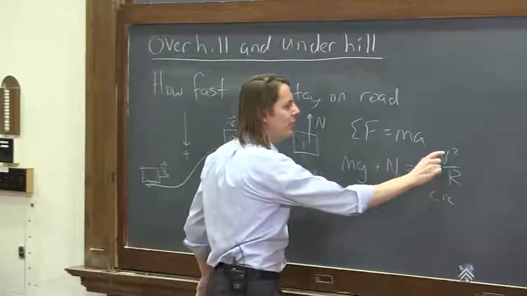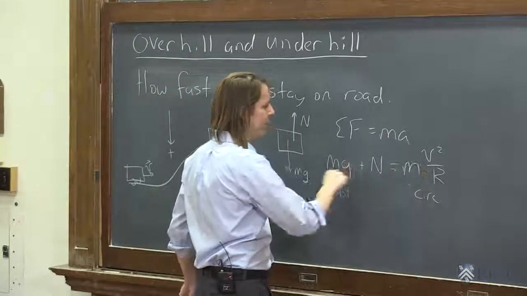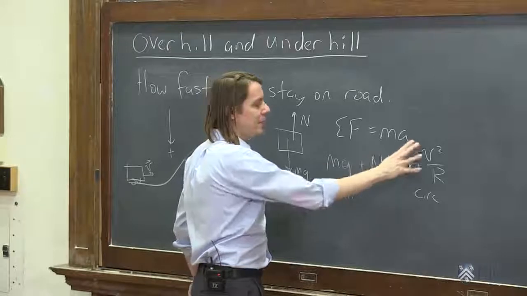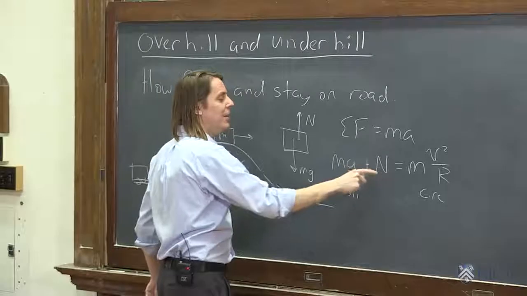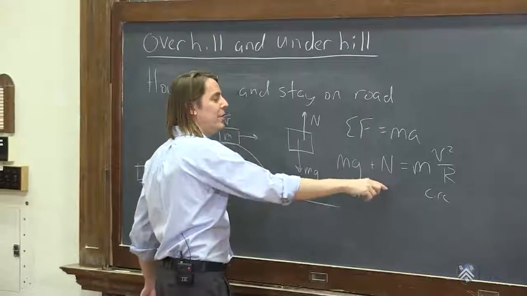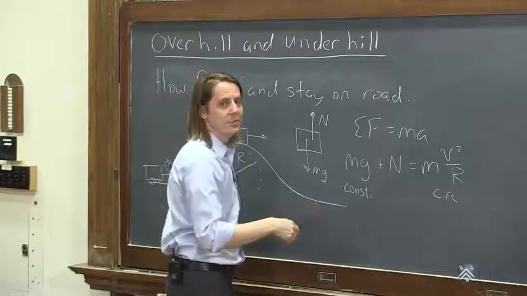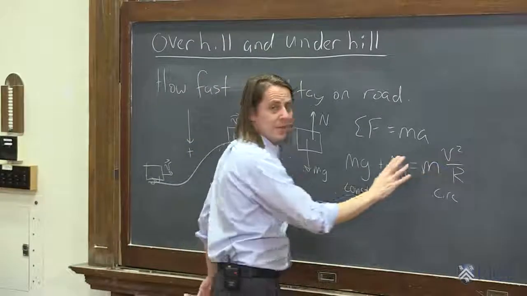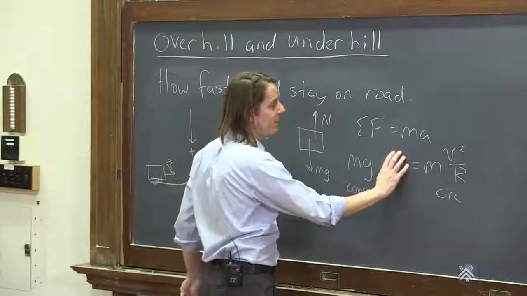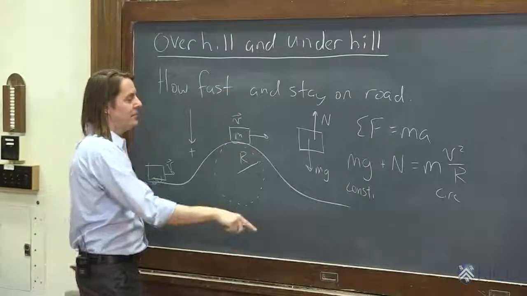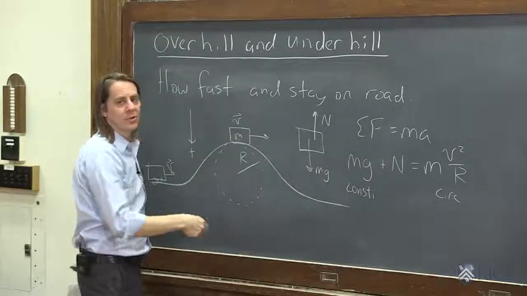Because I go slow, this is really small, and then you have plenty of force to keep you from flying off. They're opposite directions, so if this is really small, you have a big force here, but you have 0 to any force you need here to cancel it. So it's easy to have a small force here, because N cancels mg. But this is really big if you fly over really fast. You need a big force pulling you down, right? N can go all the way to 0, and then the only force you have is mg. So if mg becomes not enough to make this circular motion, then you'll fly off.